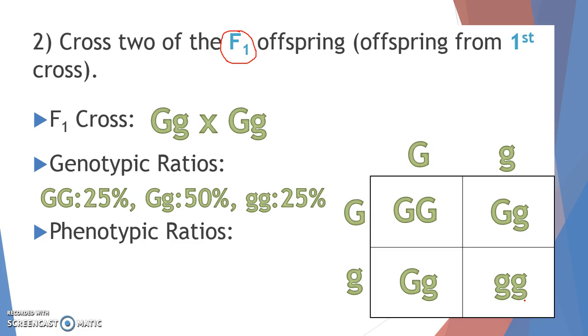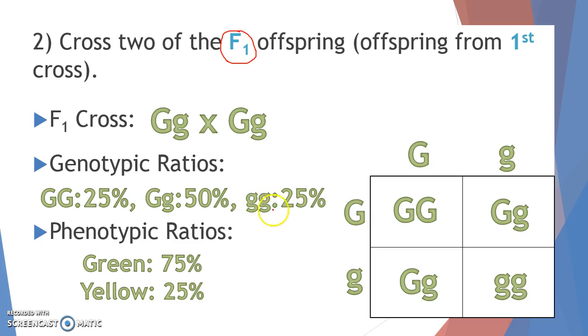Now we have to interpret the phenotypic ratio. A little bit more complicated. Okay, we're going to have the homozygous dominant being green. Heterozygous will also be green, so we'll actually have 75% of the offspring being green.